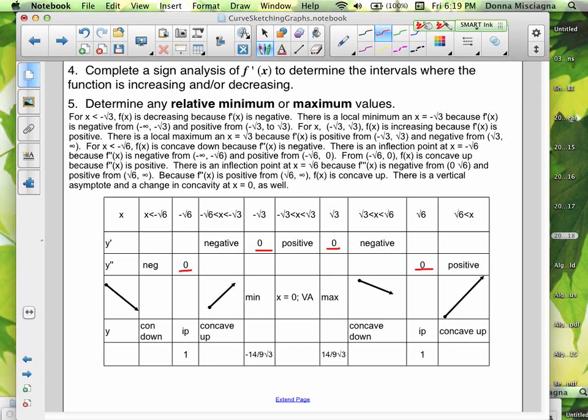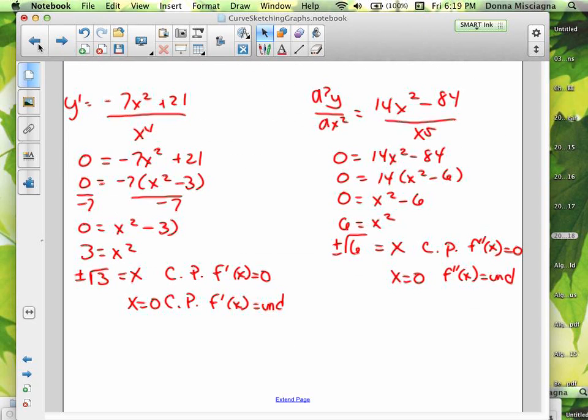Let's look at the first derivative. I'm looking for values less than negative square root of 3, for instance negative 2. If we plug negative 2 into the derivative, we're going to have a negative number because the 7x squared is going to be larger than anything else there.